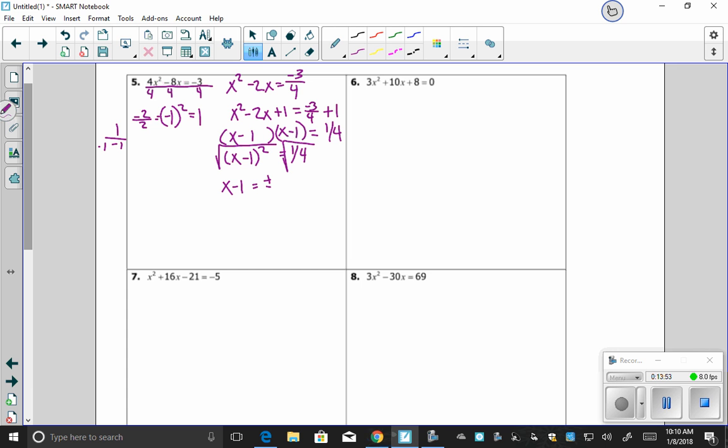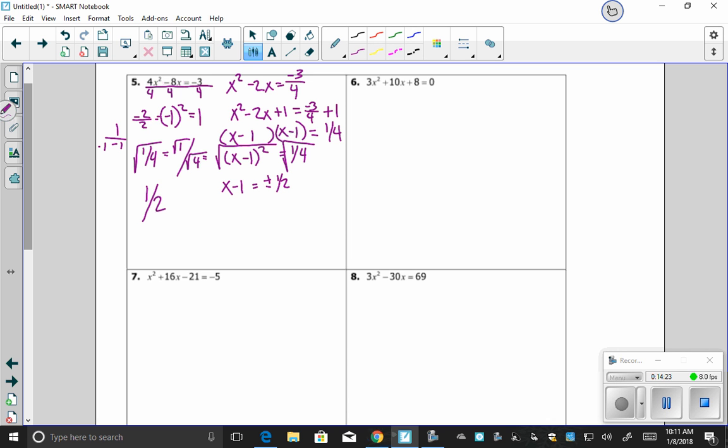I'm going to make a side note. The square root of 1 over 4 is the same thing as the square root of 1 divided by the square root of 4. Well, you know that the square root of 1 is 1, and the square root of 4 is 2. So this answer right here is positive and negative 1/2.